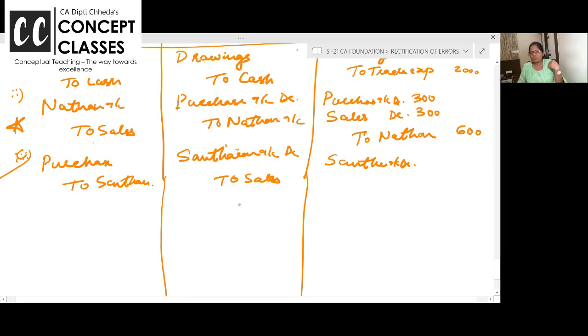We have sold the goods to Santaram. So Santaram debit 100 and wrongly credited, to nullify that another 200. Sales is to be credited, you have not credited, credit. Purchases is wrongly debited. There is no purchase. Wrongly debited, now credited. I feel this is a very nice problem.